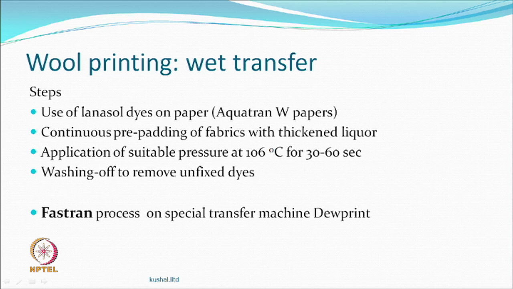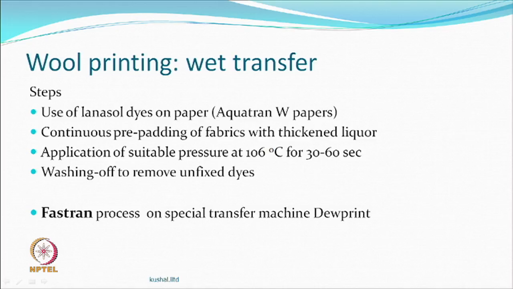So, any paper at 106 degrees for whatever little time that you have in moist condition can have an issue of crumpling, uneven shrinkage, and so on and so forth. That problem of course was there.